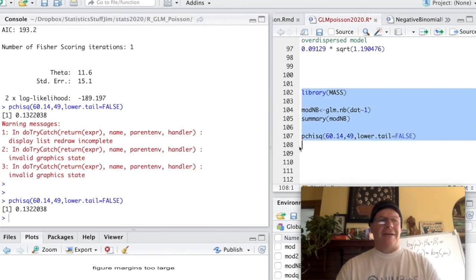So there are these other distributions out there, and we're not going to do anything about a negative binomial in the class, and it certainly won't be on the final or anything like that. I just wanted you to be aware that there are these other distributions that you could potentially use. Hopefully, you feel comfortable enough now with how to put together linear models, and you understand, at least conceptually, what's happening with link functions in generalized linear models.